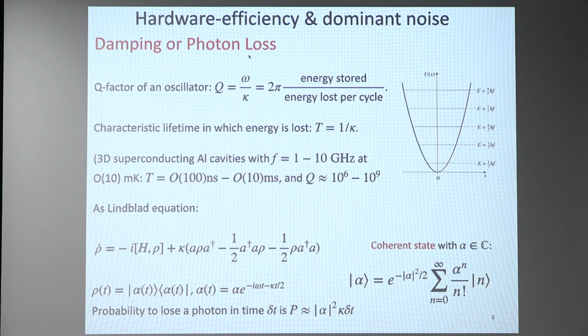So maybe you have to couple your pristine oscillator in your 3D cavity to a transmon qubit. And then this transmon qubit, as you know, is a nonlinear oscillator. And this nonlinearity is a little bit inherited by the cavity mode.